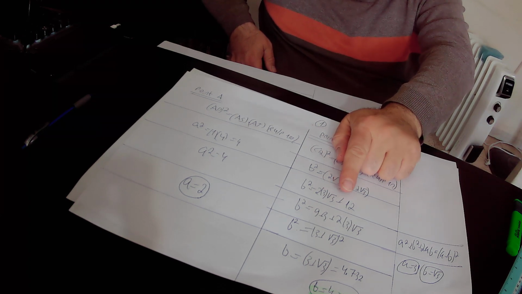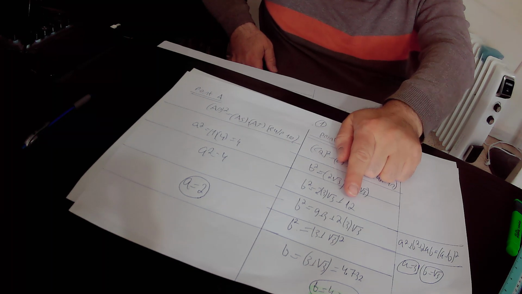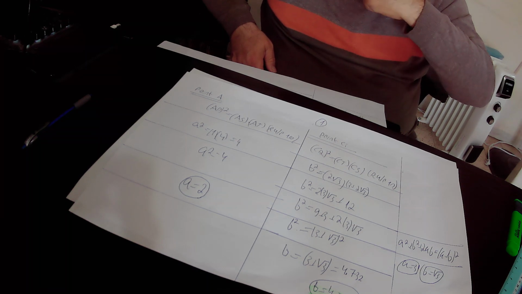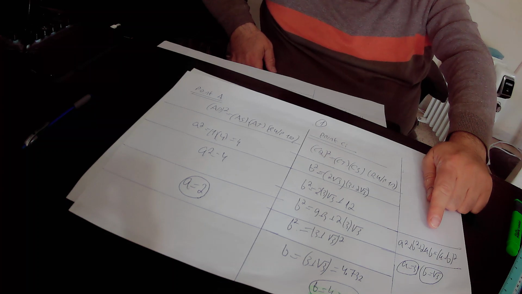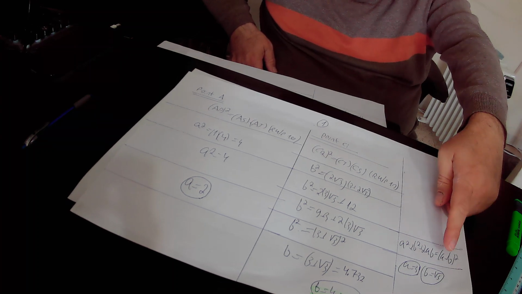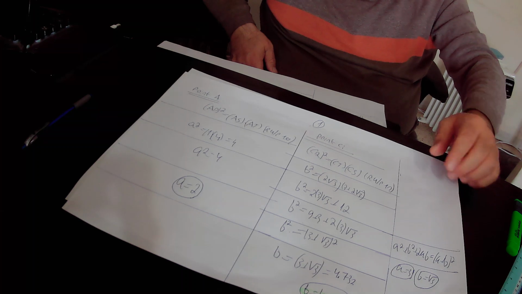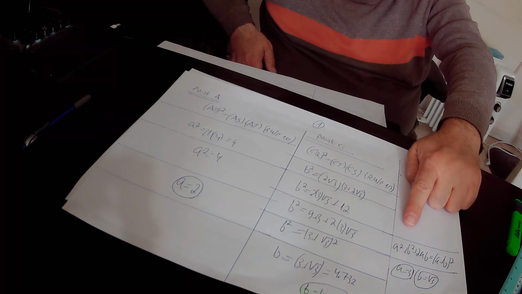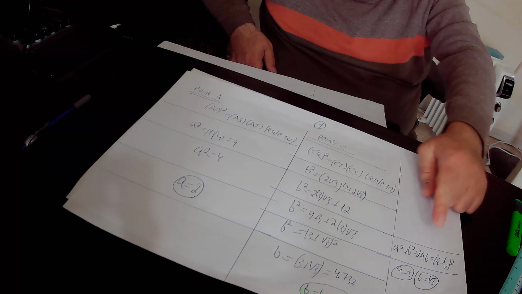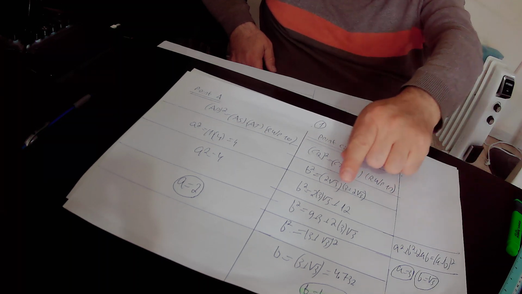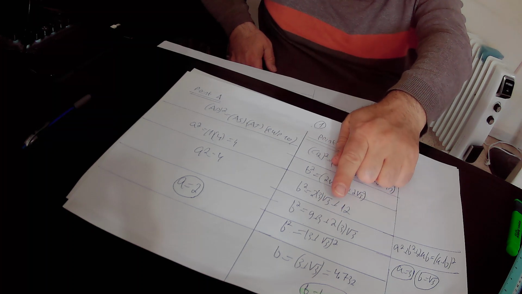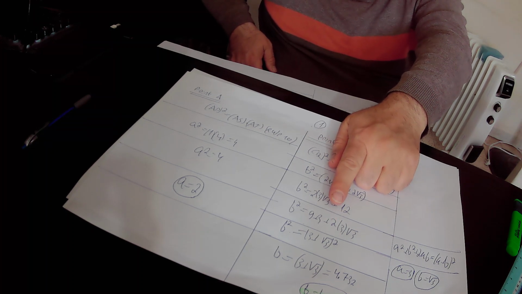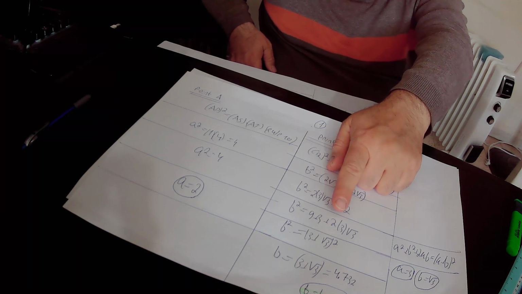So 9 plus 3 plus 2 times 3 times square root of 3 equals a squared plus b squared plus 2 times ab. If we substitute a by 3 and b by square root of 3, according to this algebraic identity, this expression equals a plus b squared, which is 3 plus square root of 3 squared.